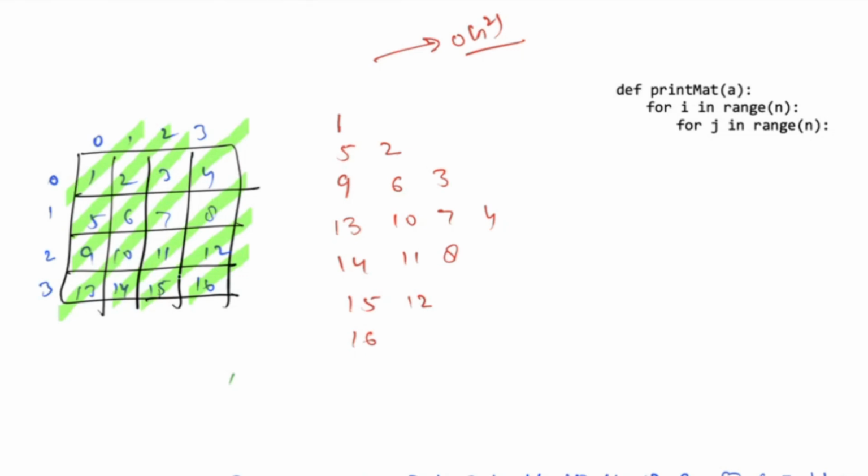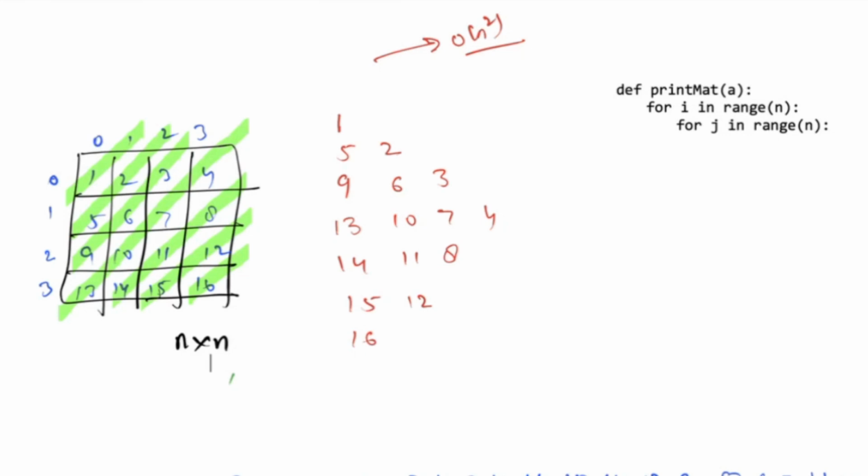It is n into n, so the matrix is n, okay, 2n minus 1. Then those are actually the diagonal totals. So diagonal elements equals square brackets.